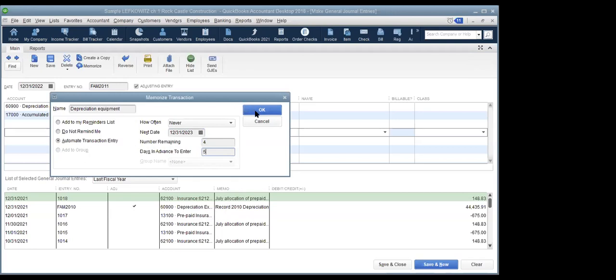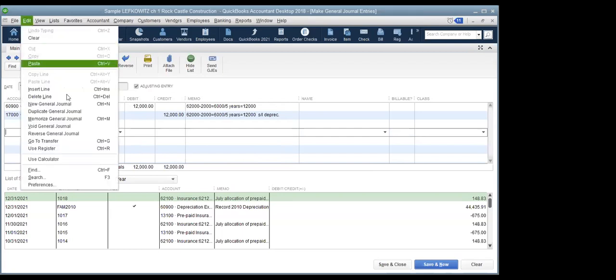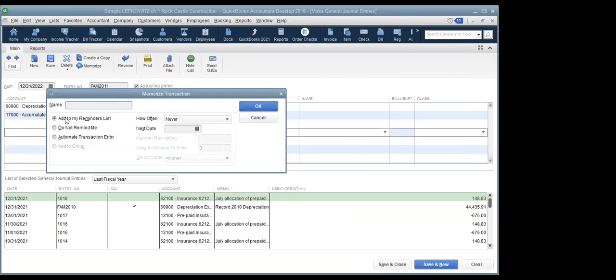And you say okay, and it sounds like a click of a camera. It's saved, it's memorized. But it's not doing it now because it's until December 31, 2022. I prefer that you would do it usually the same way, but instead of choosing automate, just choose reminders, and it will remind you by the end of the year.